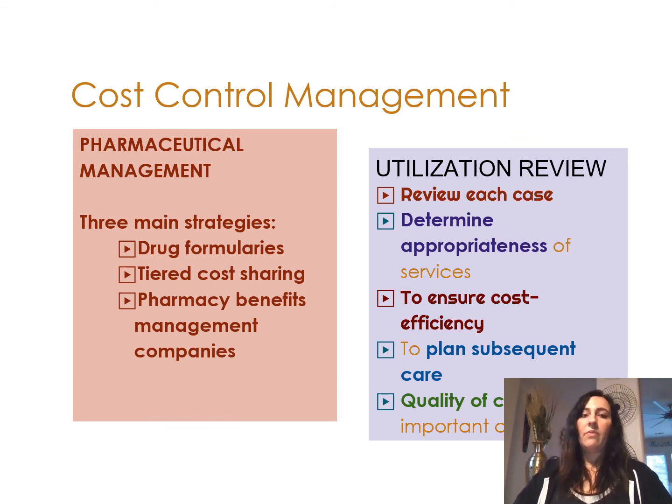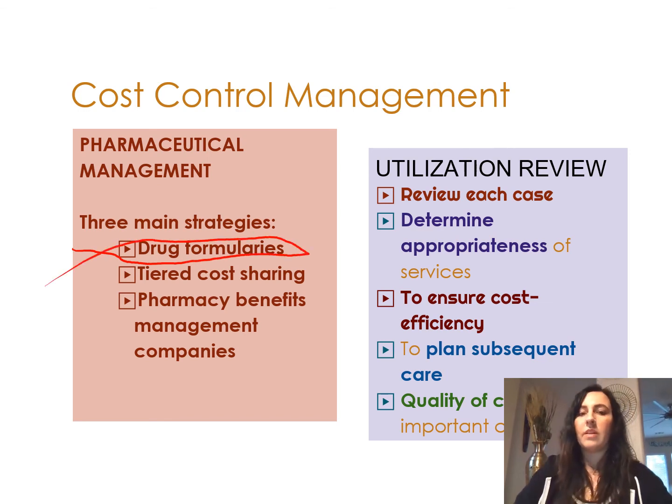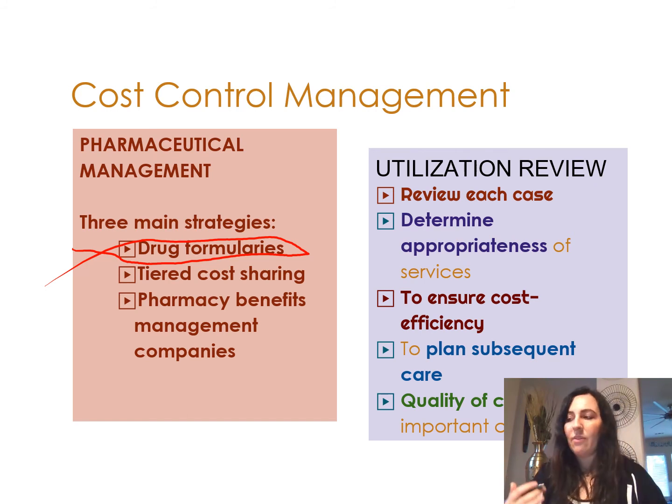Okay, so then we have pharmaceutical management. There are 3 different levels or 3 different strategies of pharmaceutical management, or getting pharmaceutical drugs, in managed care. The main thing that we want to focus on are the drug formularies. Okay, so this is basically like the first stage. Most managed care organizations will already have a list of drugs that are approved and ready to go for physicians to prescribe to their patients, and when you go pick it up from your pharmacy, you're going to have no issues.